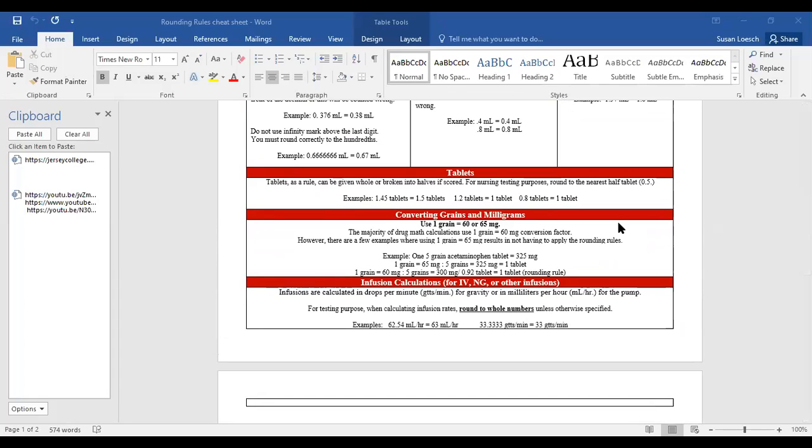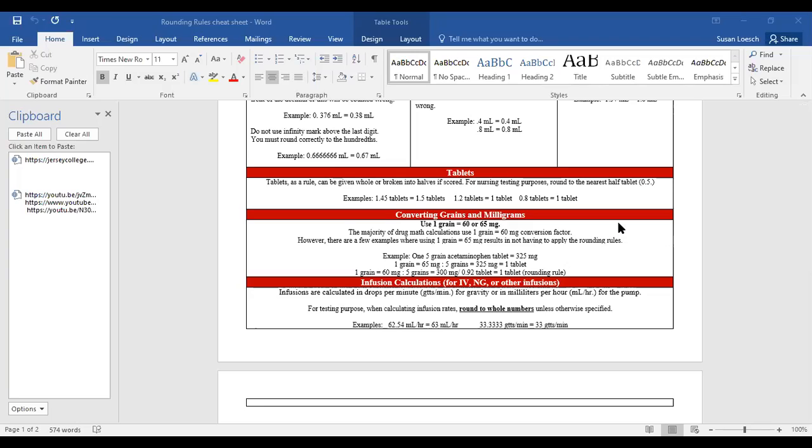The only time you round down is if the number is less than 5. The nearest half, that's closer to the whole tablet, Prince. Closer to the 1 tablet, not closer to the half tablet. Rounding up 0.7, you're going up to the other half of the tablet, meaning closer to the whole tablet. You can only round down if your number is less than 5 anyway. You can't round down.